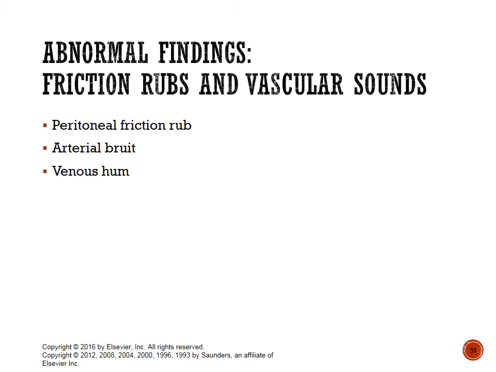And if we hear it over the femoral arteries, we may have an occlusion of some type there. And a venous hum is something we very rarely ever hear. If we do, it's usually around the belly button area, and it's from the inferior vena cava, but we very rarely ever hear that.